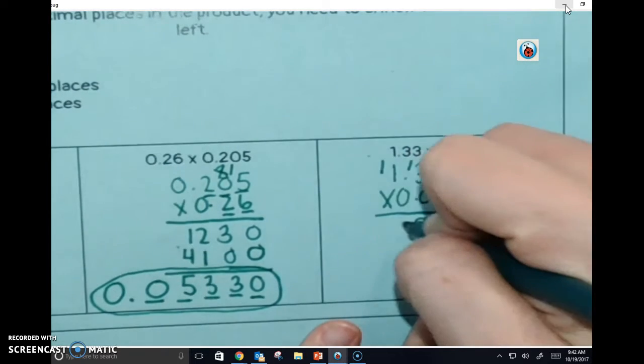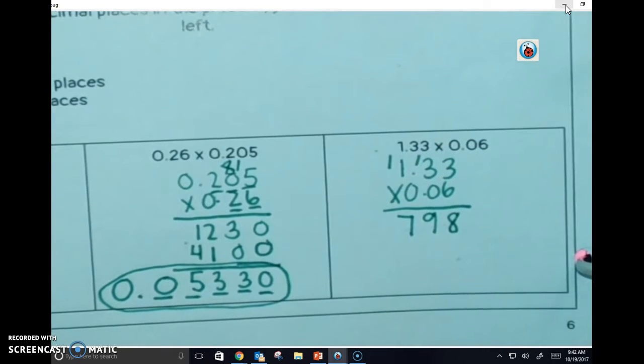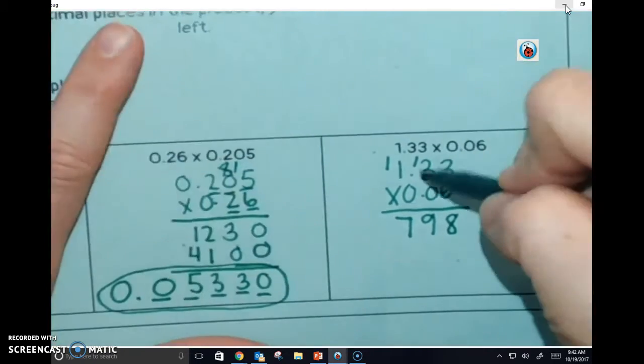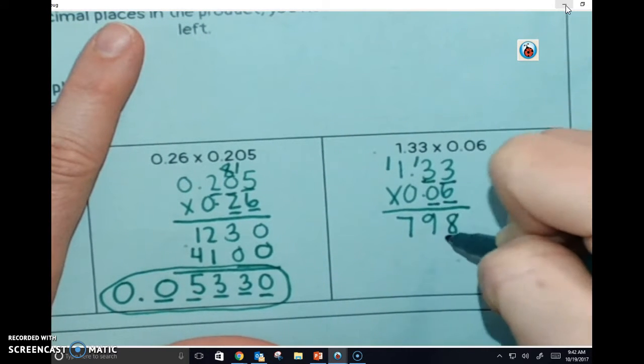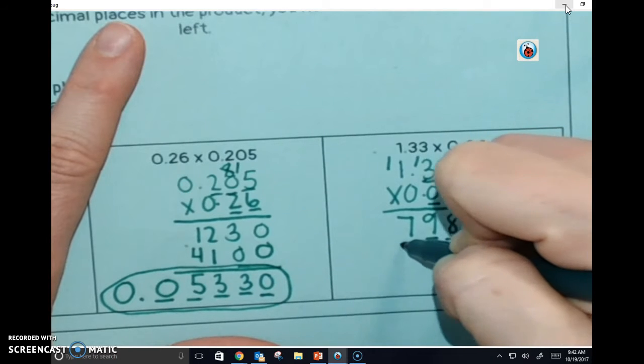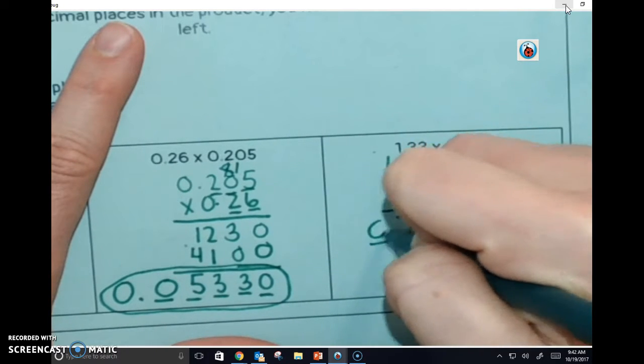And then 6, 7. Hold your fingers up the amount of places or spaces after the decimal you think you're going to have. Well, we have 1, 2, 3, 4. 1, 2, 3, 4.